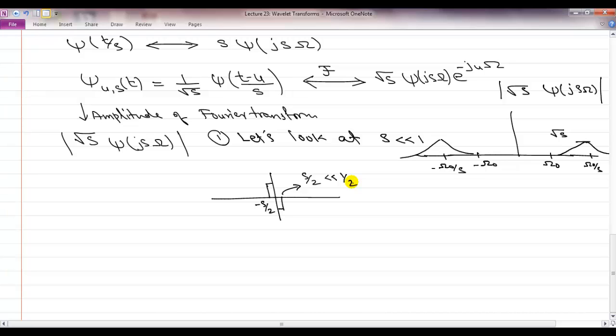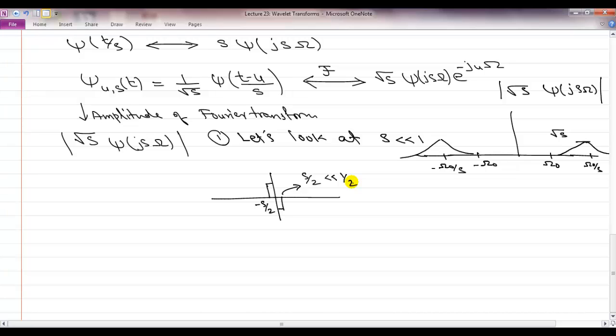As I take s closer to 0, it's almost becoming just like one single up and down. So as I shrink my scale, I am getting very high time resolution because I'm looking at a really small region.